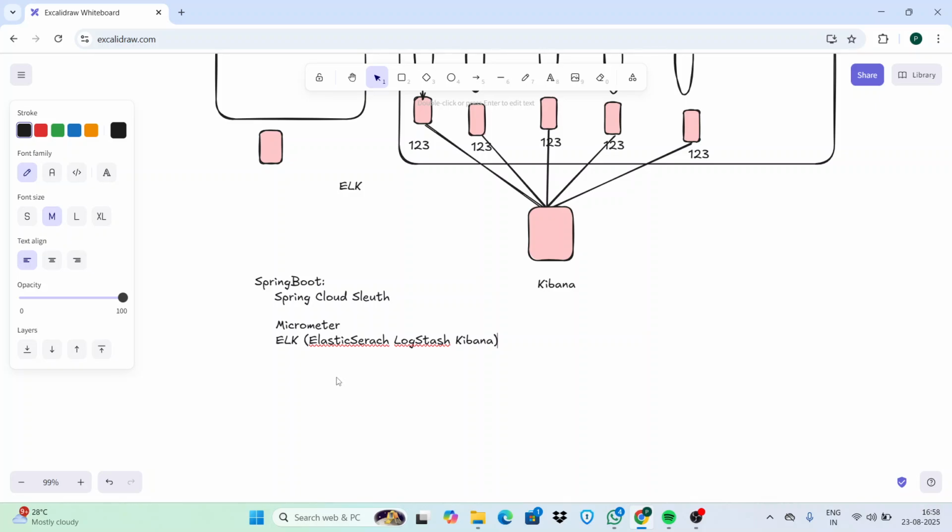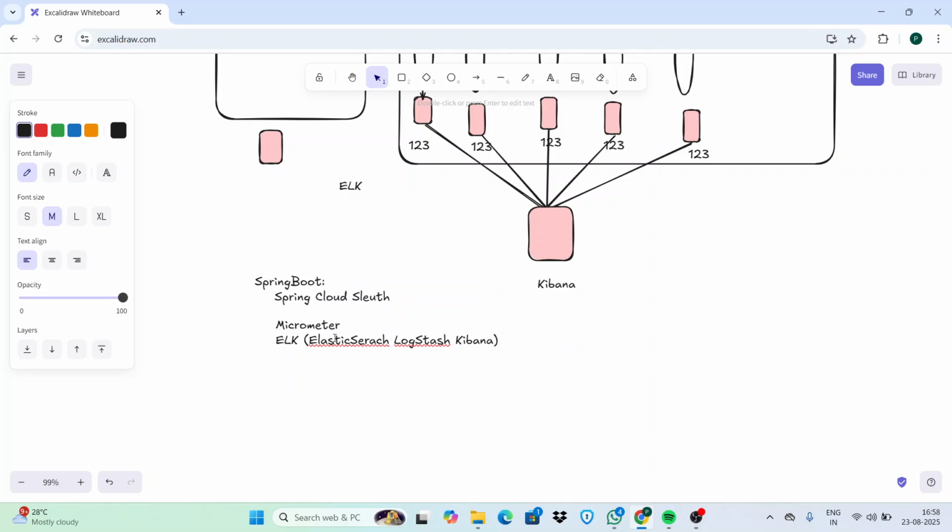In Spring Boot, Sleuth is used for automatically adding the trace ID and span ID to the logs.